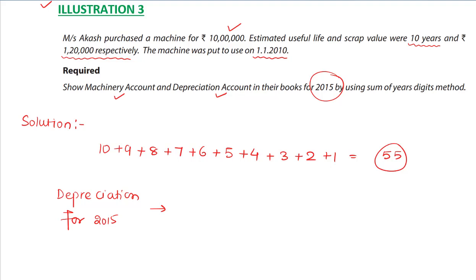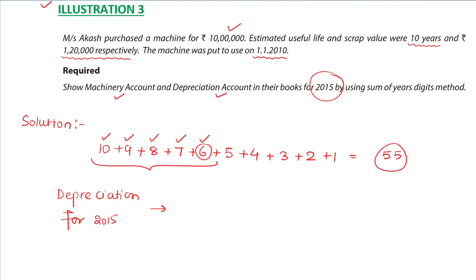Right now 2010 is there, then 2011, 12, 13, 14, and 15. So we need to make a total of all this.